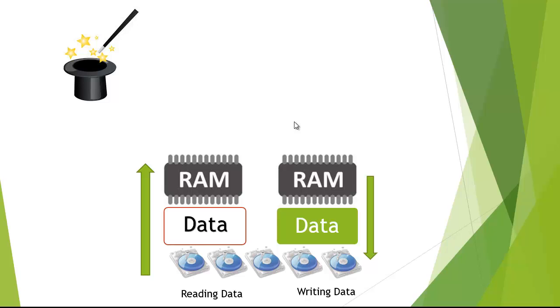Furthermore, the algorithms, and this is the magic that I talk about, can predict what you may be coming to read next. So if you are paging a table out of a database and you request a page, it will read that from the disk, write it into RAM.